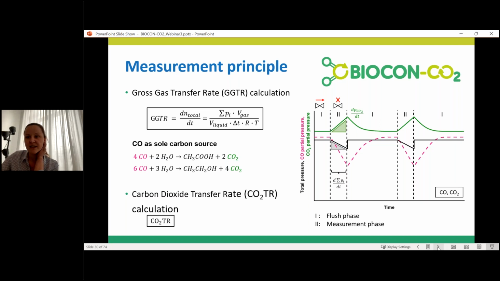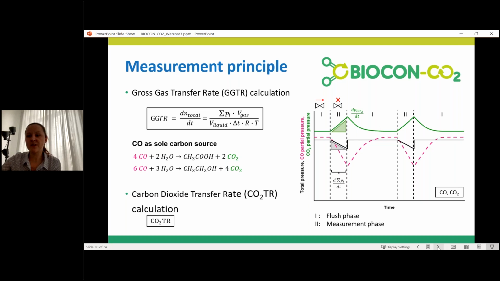The flush phase, indicated by the open valve, is phase 1. We have a continuous gas supply into our shake flask. During the measurement phase, indicated here as section 2, we close the valves, and with our sensors we can determine the consumption and the production of gases.